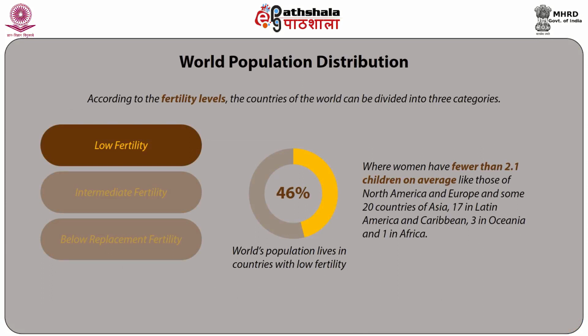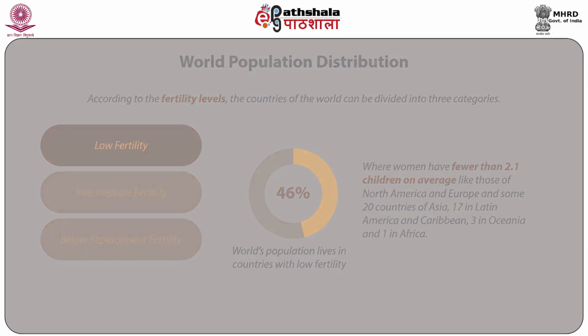About 46% of the world's population lives in countries with low fertility, where women have fewer than 2.1 children on average, like those of North America and Europe, and some 20 countries of Asia, 17 in Latin America and Caribbean, 3 in Oceania, and 1 in Africa.